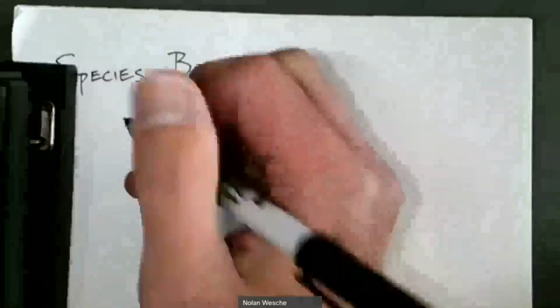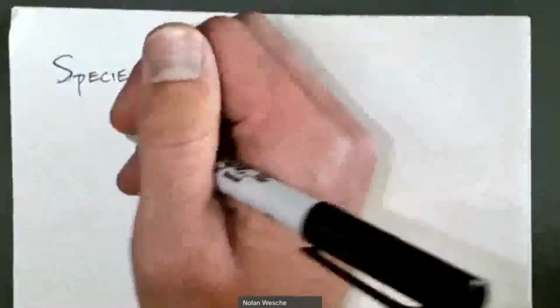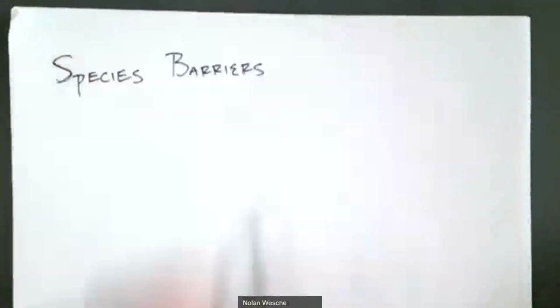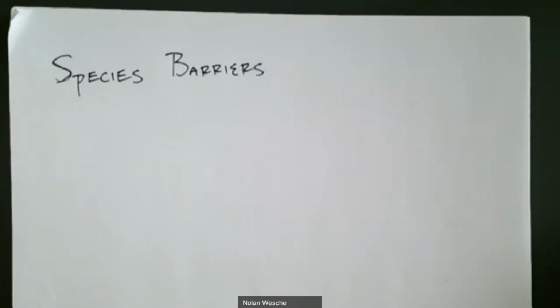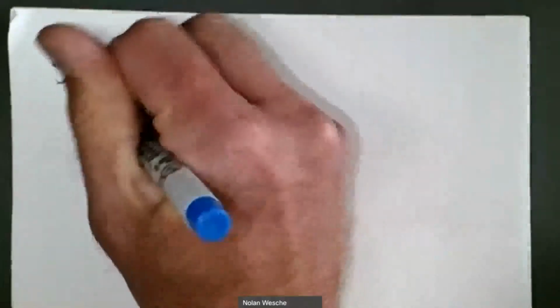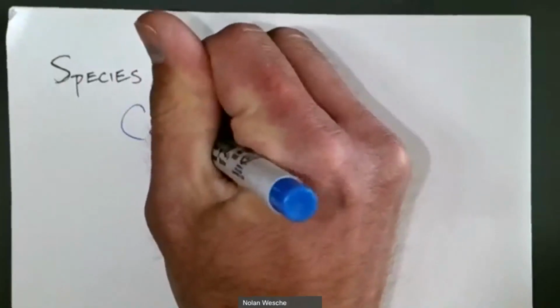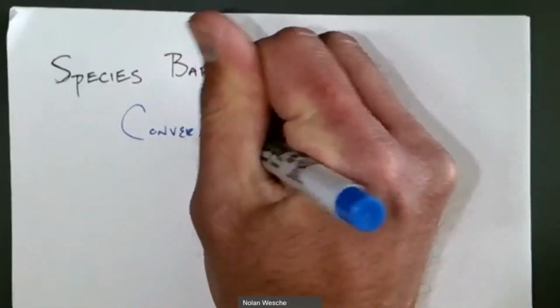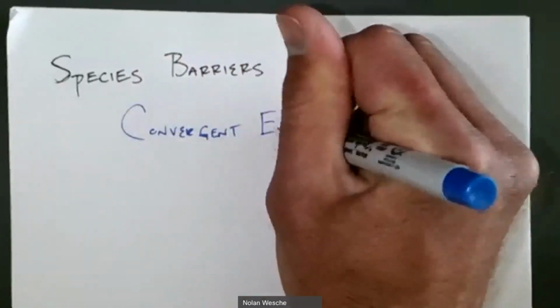So last time we talked about convergent evolution. We'll go ahead and sketch this out again. So I'm going to use color here. So we talked about convergent evolution.